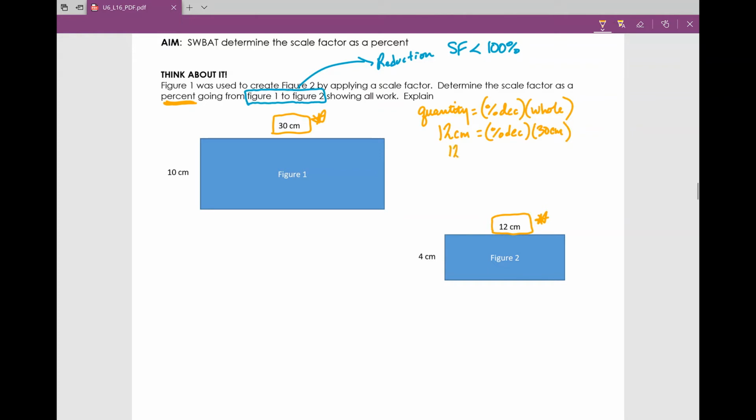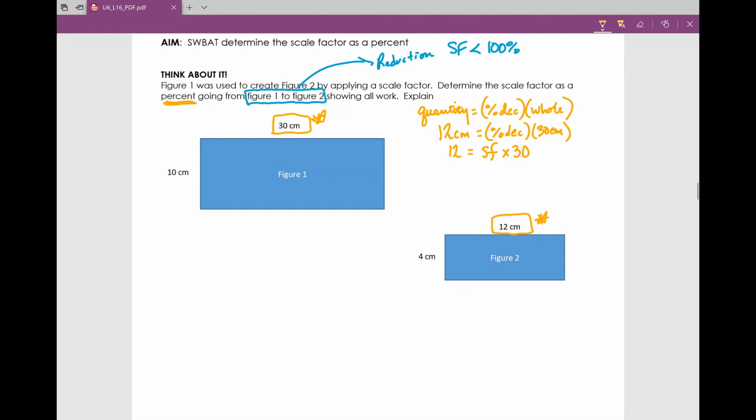We have 12 equals, let's create a variable for our decimal as a percent. It says determine the scale factor as a percent. So if this isn't going to be a percent, it just represents our regular scale factor. And I'm going to use SF to represent that. So I have SF times 30.